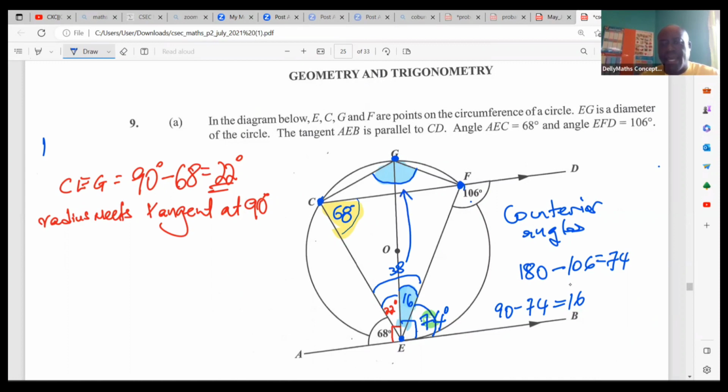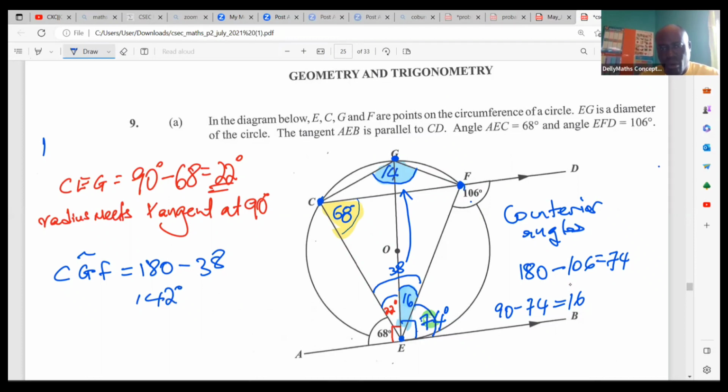Opposite angles in a cyclic quad add to give 180. So CGF, that angle, is going to be 180 minus 38, and when we do so, we get 142 degrees.